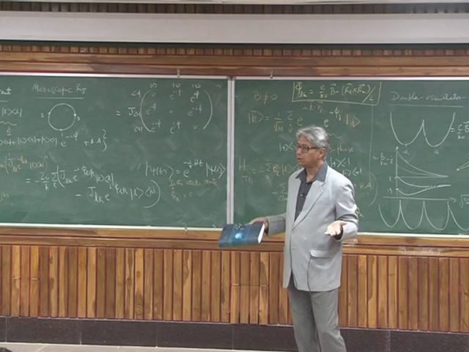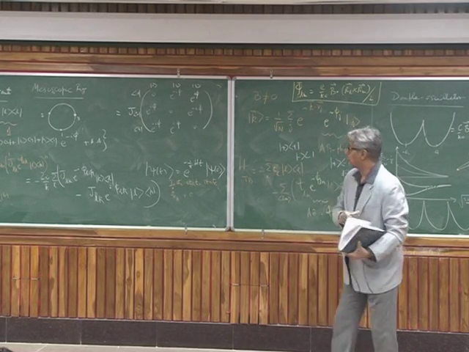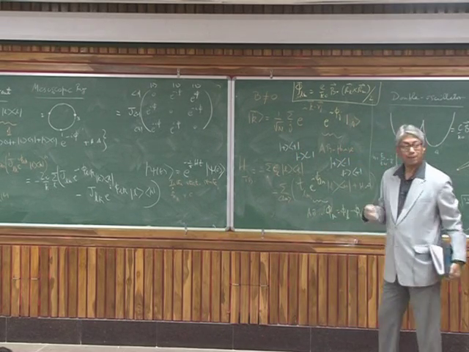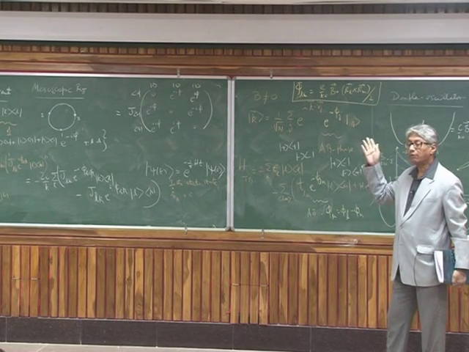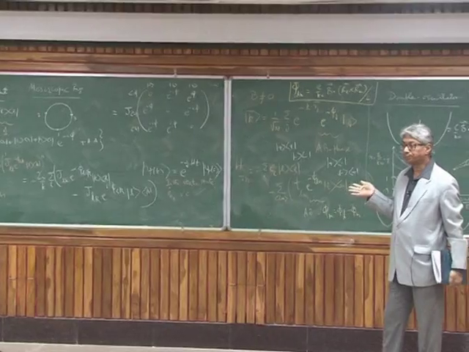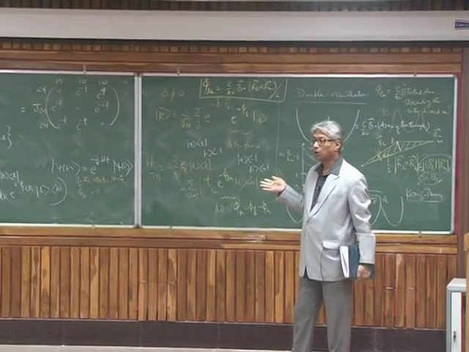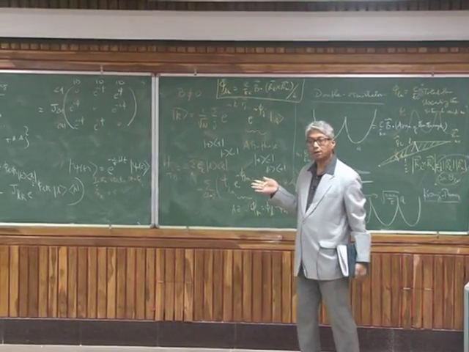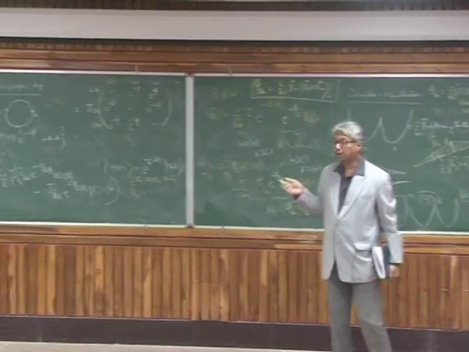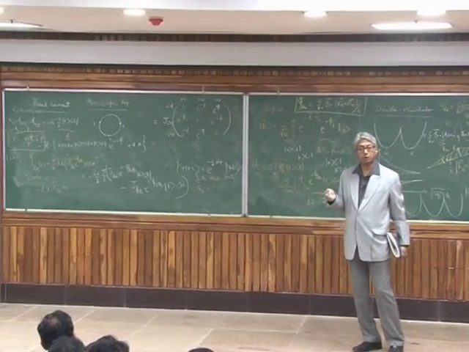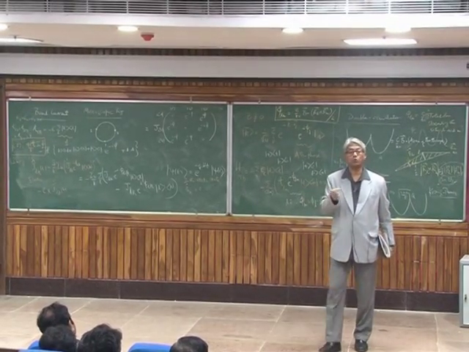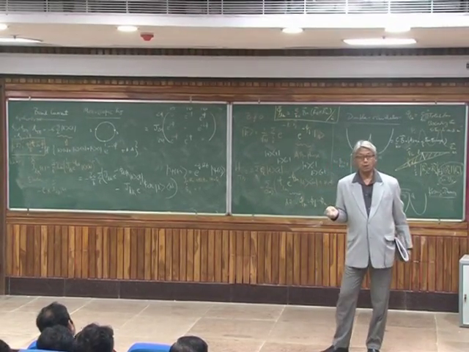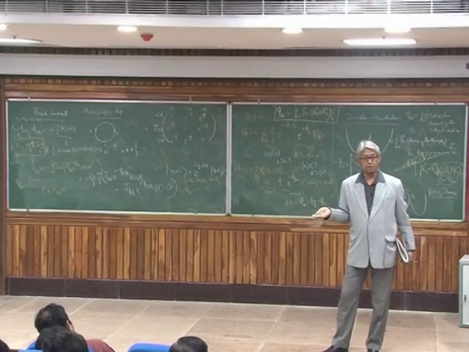Okay? Now, where is the second title of my lecture coming in? You see, we have used only quantum mechanics here. Quantum mechanics says that the Schrödinger wave function has a phase, and therefore between two different paths of the electron, we have a definite phase relationship.